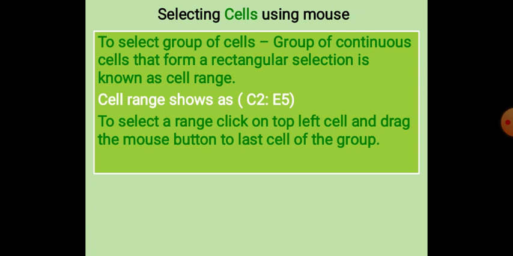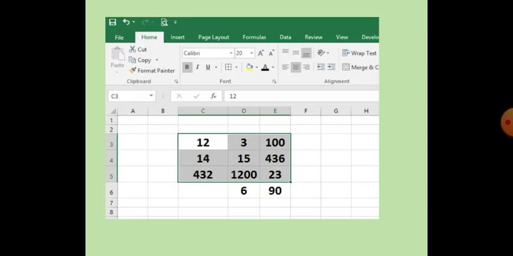So just see in this example, C2 to E5, all cells will be counted: C2, C3, C4, C5, D2, D3, D4, D5, E2, E3, E4, E5. This way we will select the cell range. Now see, children, we can select the cells in a rectangular form.